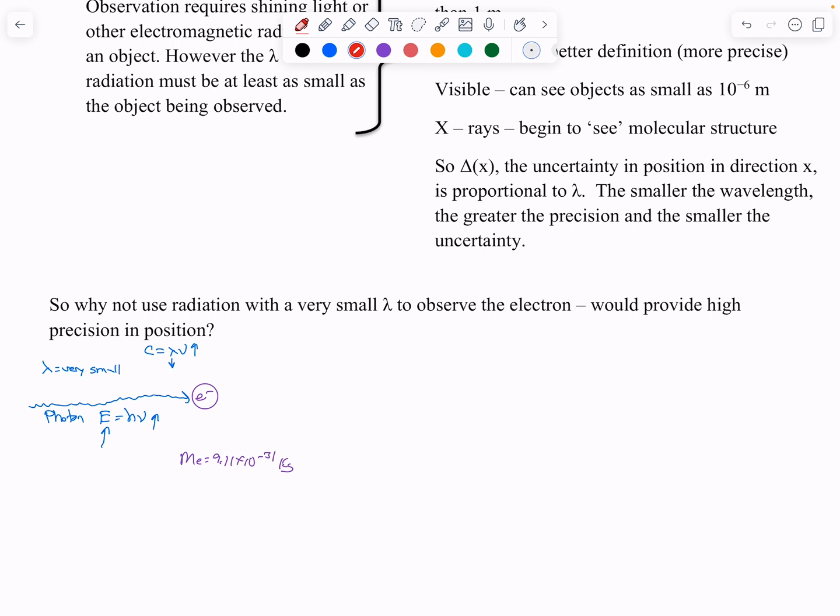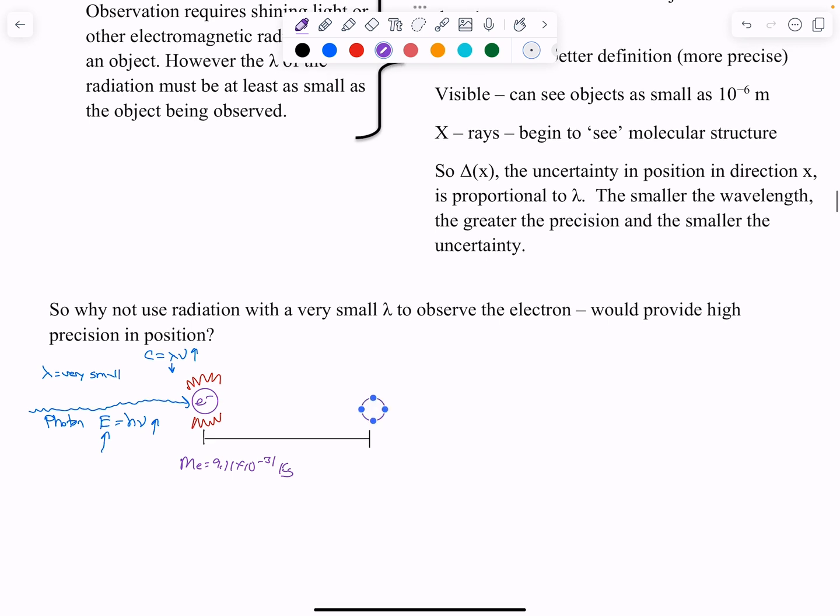So when this photon hits this electron, right, it's a collision, and there is going to be a transfer of momentum. Right? There is a collision.